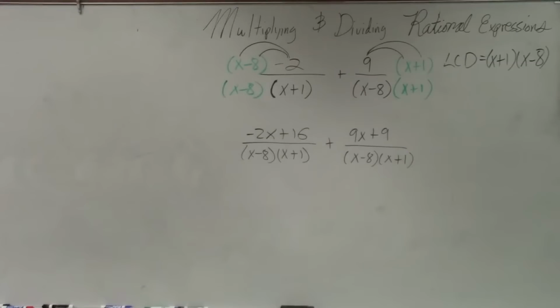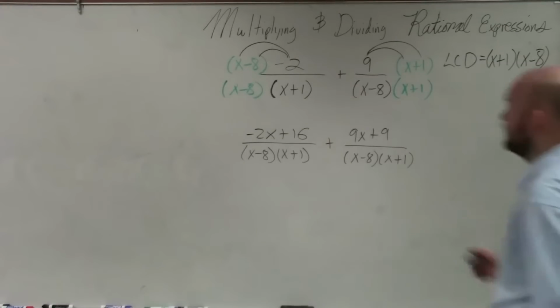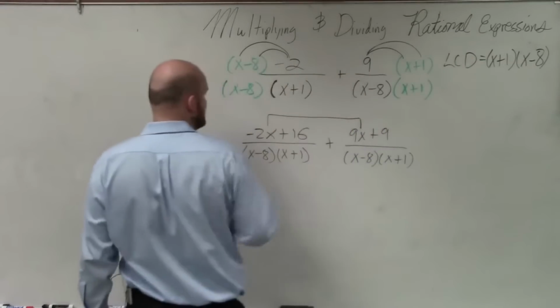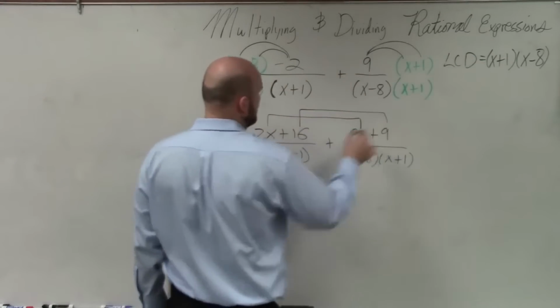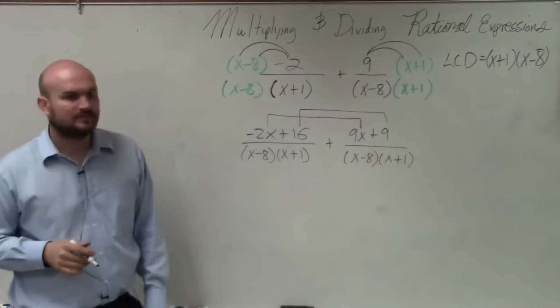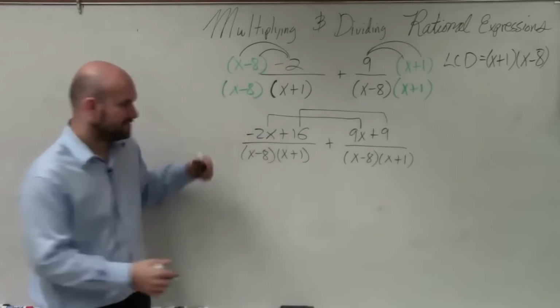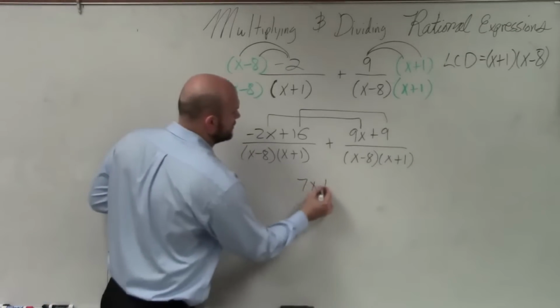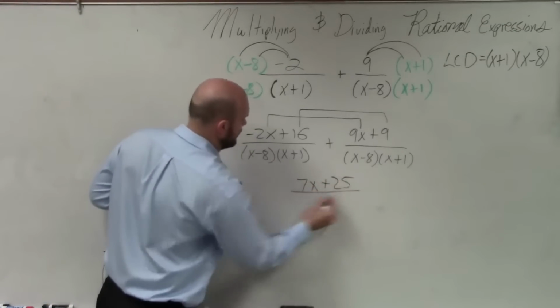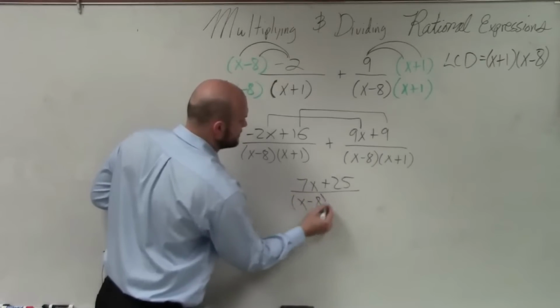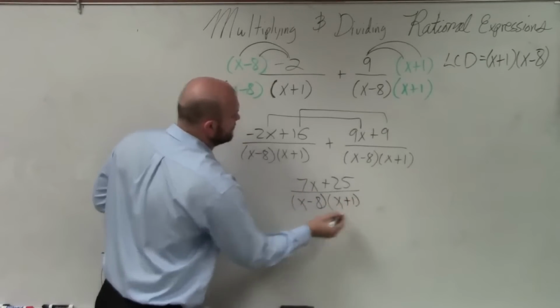When we have two fractions with the same denominator, we just combine the terms in the numerator. So I'm just going to combine 9x and negative 2x, 16 and 9. OK? So this becomes 7x plus 25 all over x minus 8 times x plus 1.